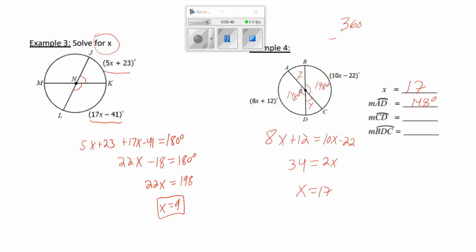Take out 148 plus 148, or 148 times 2, which is 296. If you do that, you end up with 64. So there's 64 degrees left to go in the circle, but it's being split equally into two parts. So basically we have 2y equals 64, so y is 32. So arc CD is 32.